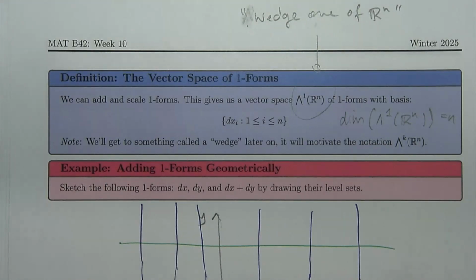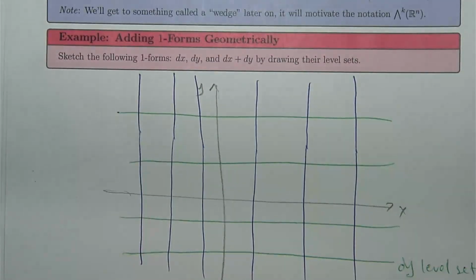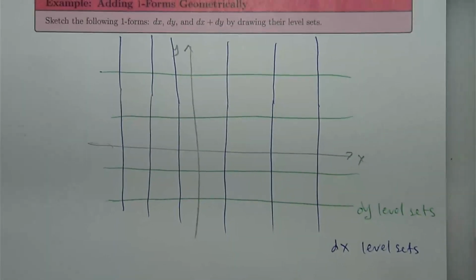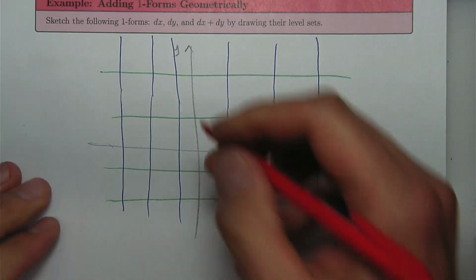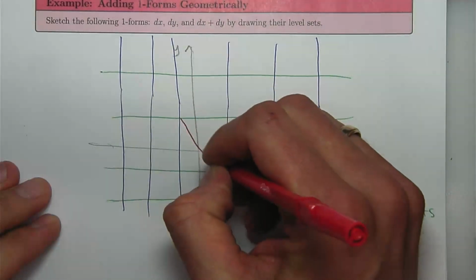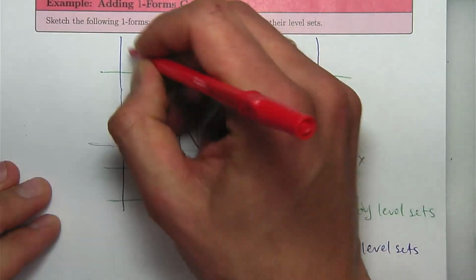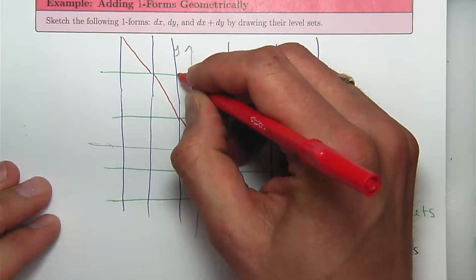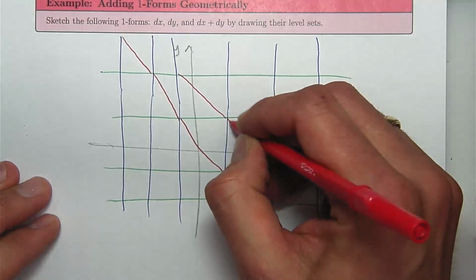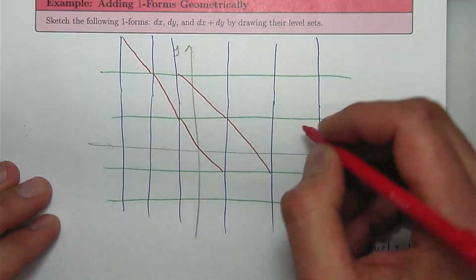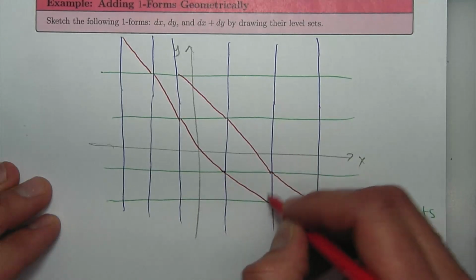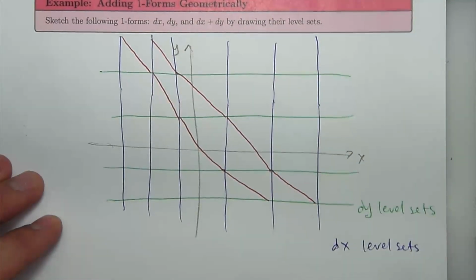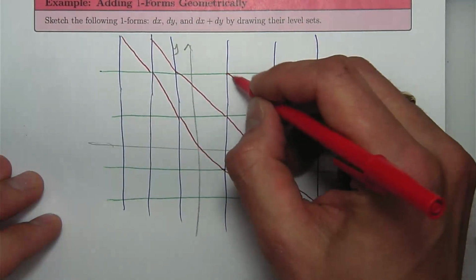And now, these are like two orthogonal tools for measuring things, right? The dx's and the dy's. When we combine them together, we get a new way of measuring things. My spacing isn't very good.